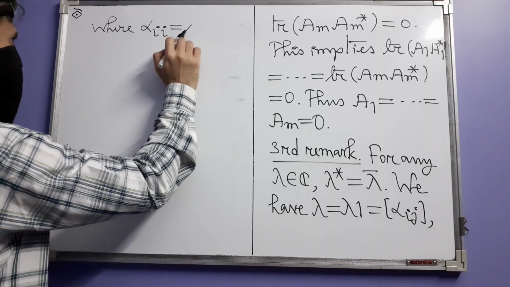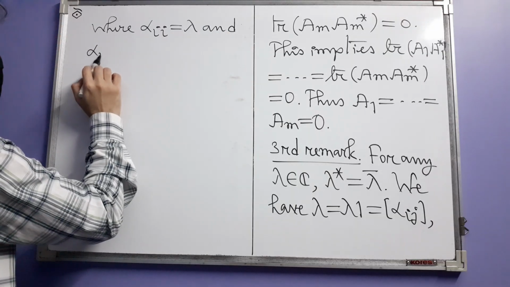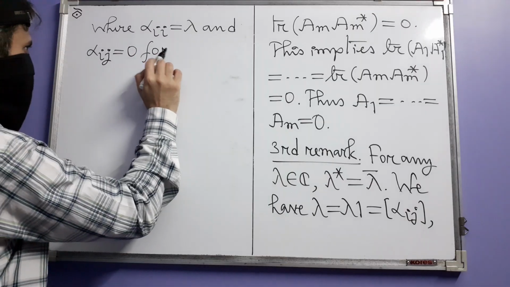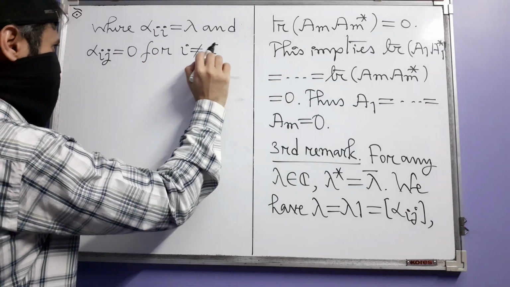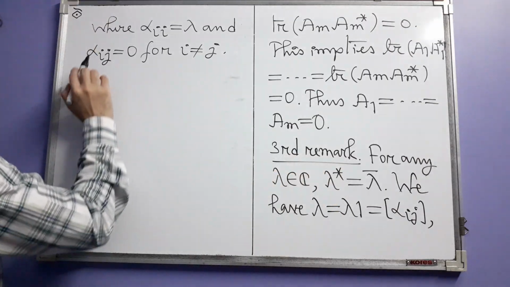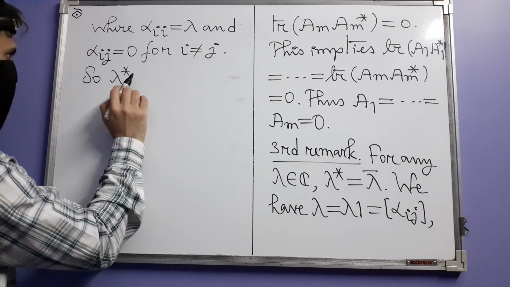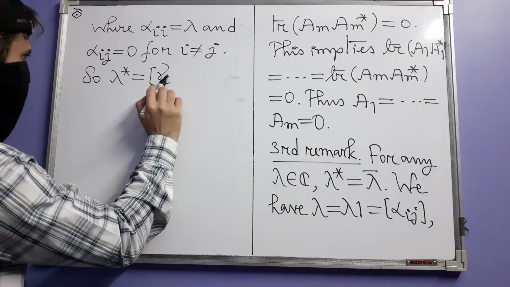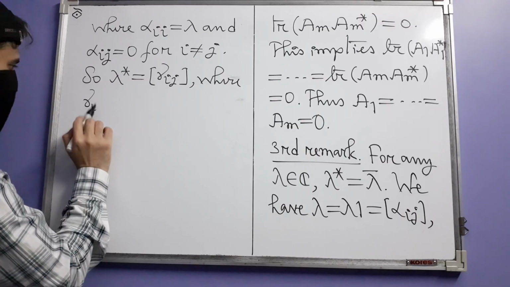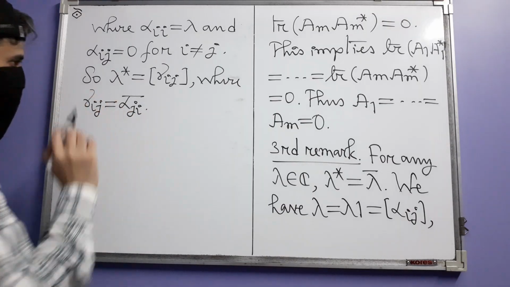Alpha ii is equal to lambda for all possible i, and alpha ij is equal to 0 whenever i and j are different indices. Okay, so with that, what shall we get if we calculate the Hermitian adjoint of lambda? So this is equal to gamma ij, where gamma ij is alpha ji bar.